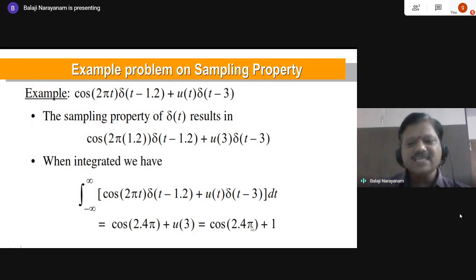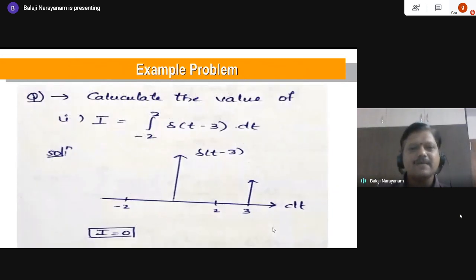One can easily find the value of this, as u of t is equal to 1 for positive t. That property we are going to discuss shortly. So the final result is cos of 2.4 pi plus 1. So this is a simple example problem based on the sampling property.